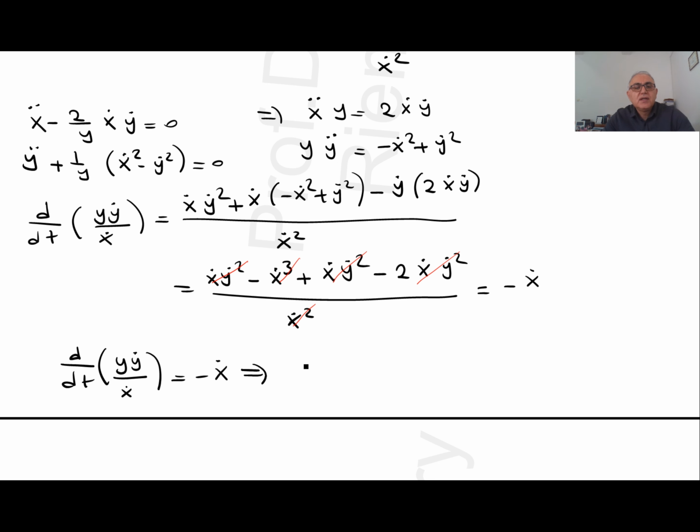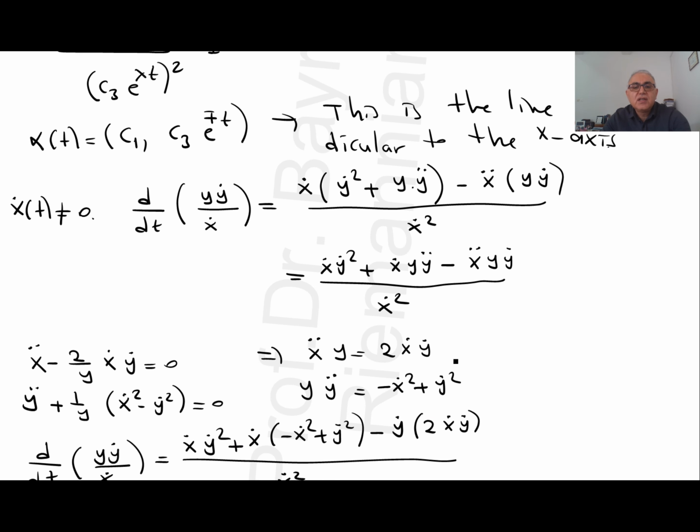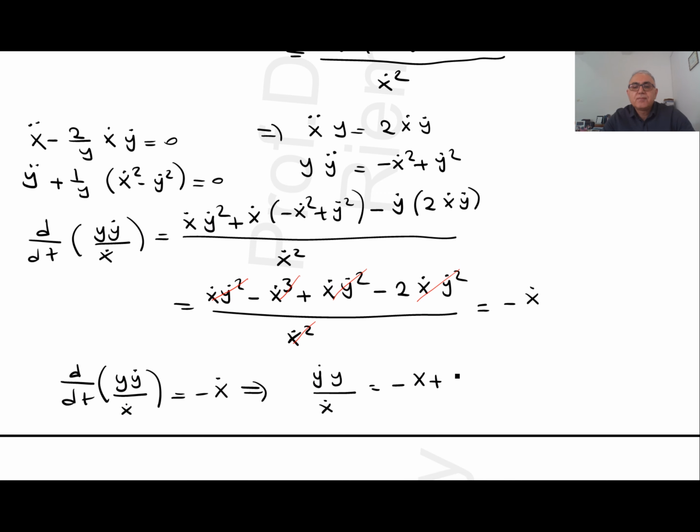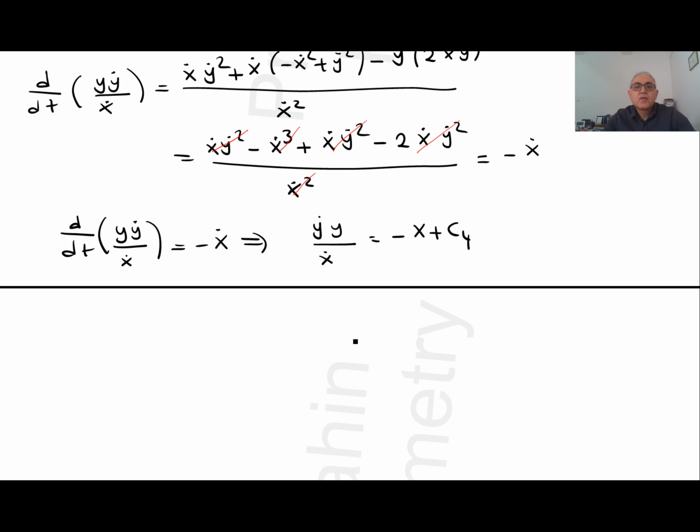So from here we have y dot over x dot equals negative x plus some constant. So we use c3. Now let's say this c4. Okay, now we obtain this one: c4 x prime.